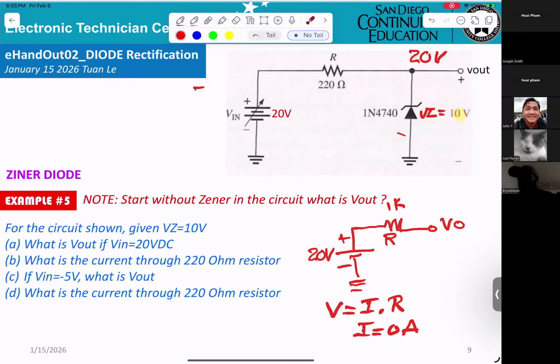Okay? So the zener breakdown. The zener breakdown is 20. I mean 10. Zener breakdown.